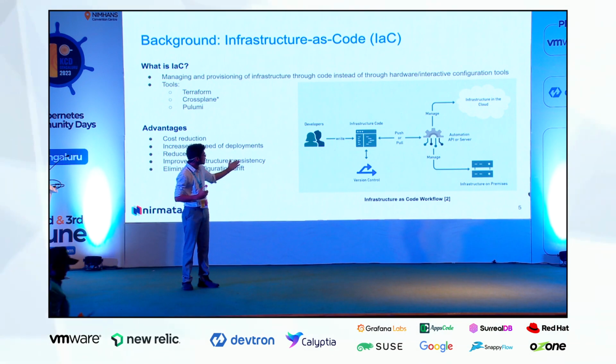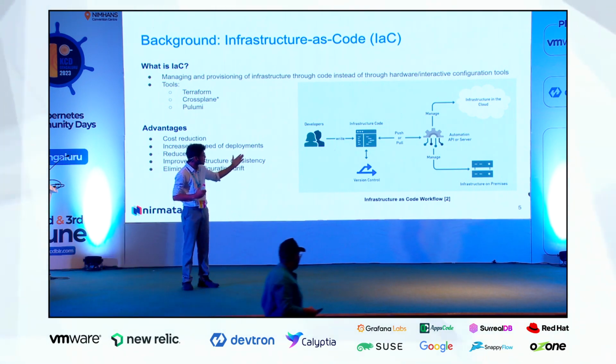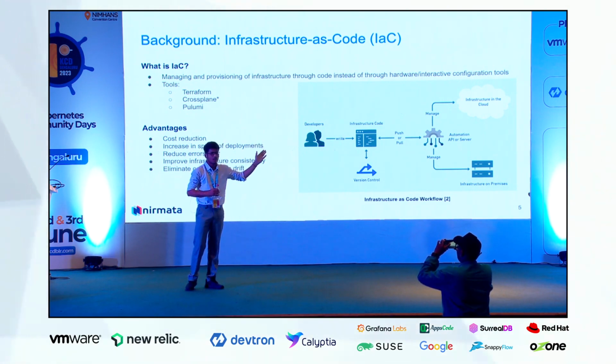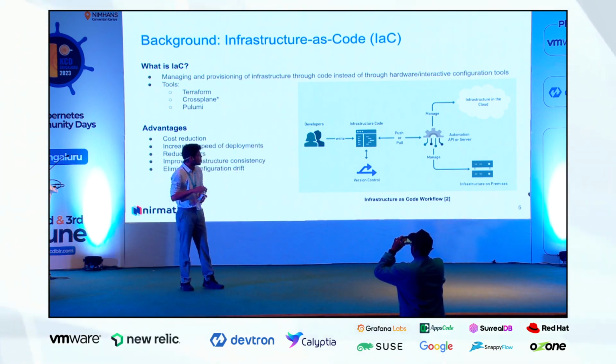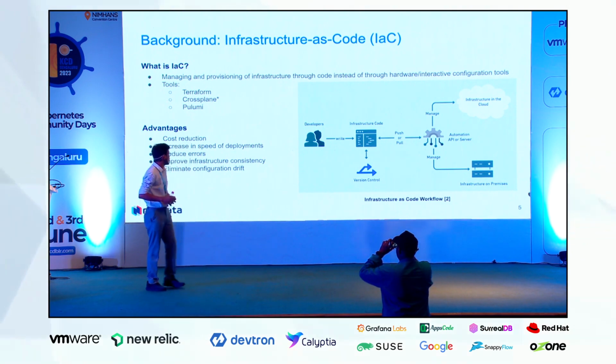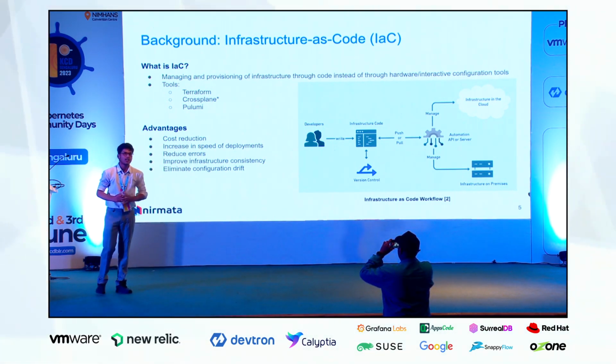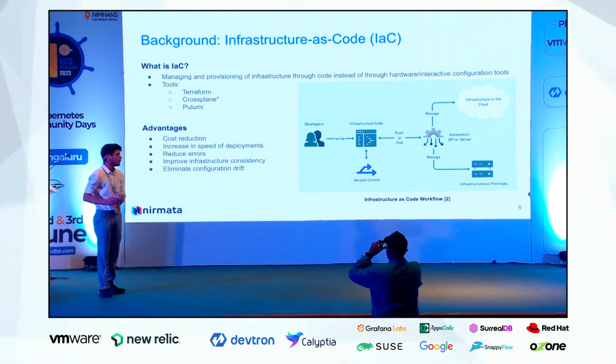So this is where the version control system talks to an API server, and that is in turn implemented as infrastructure as code.